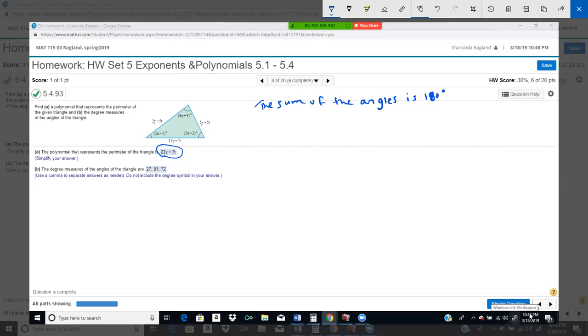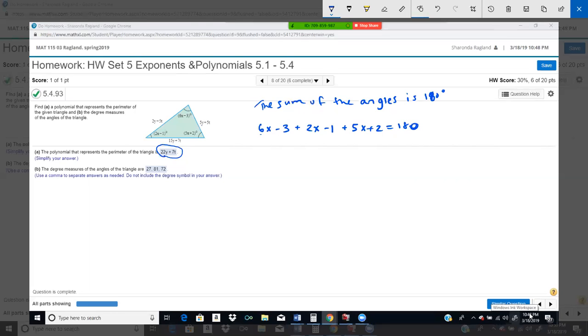So that means that you would form your linear equation here. 6x minus 3 plus 2x minus 1 plus 5x plus 2 is equal to 180, okay? All right, so we got angle 1 plus angle 2 plus angle 3, or the measure of, is equal to 180. So this is your linear equation to solve.